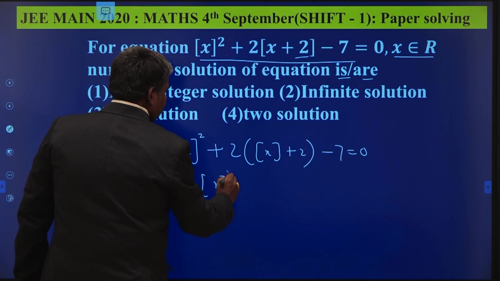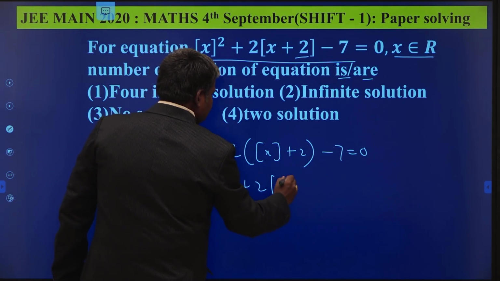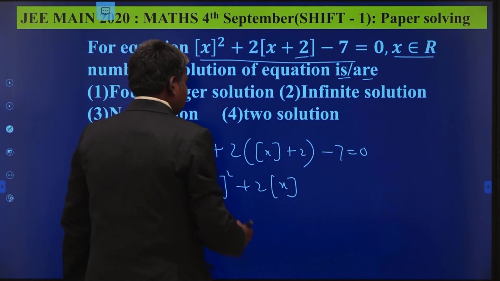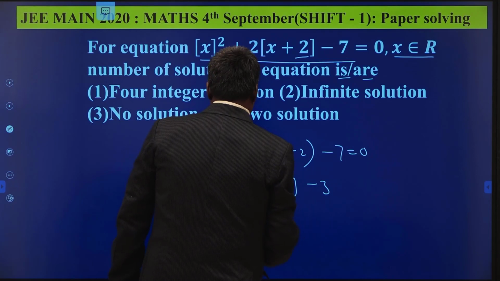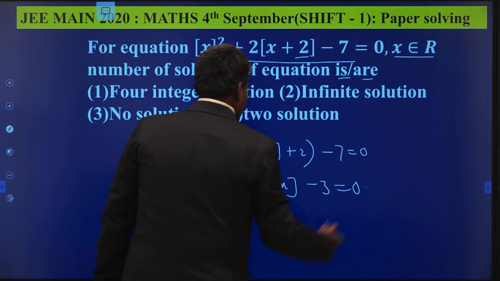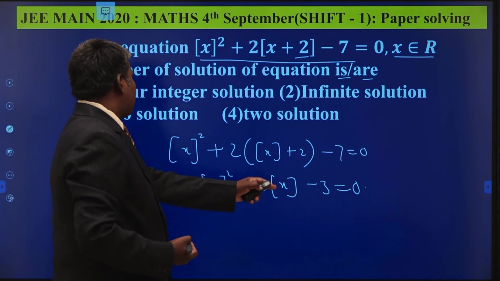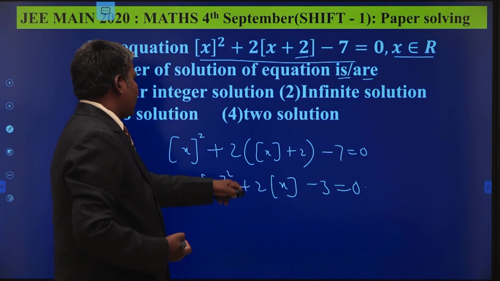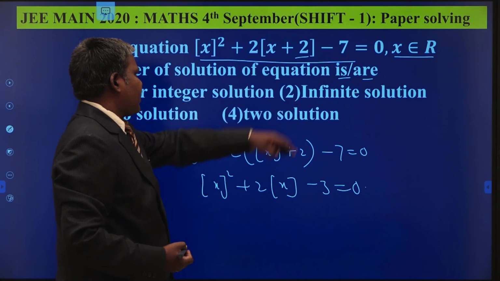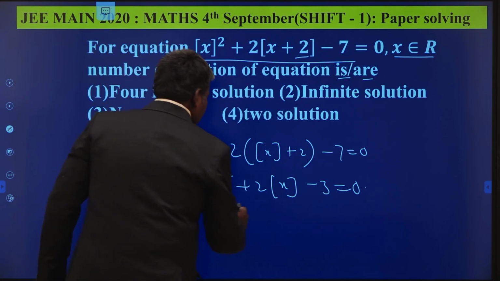[x]^2 + 2[x] + 4 - 7, that is minus 3, equals 0. Am I correct or not? So [x]^2 + 2[x] - 3 = 0. Let [x] equal t, so t^2 + 2t - 3 = 0.